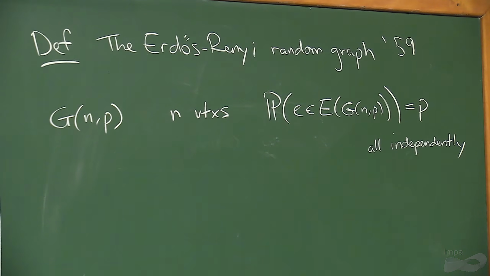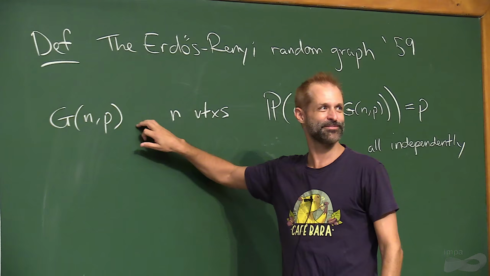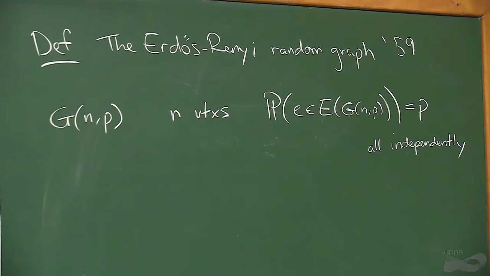Let us note that this is not a graph. We tend to talk about it like a graph, and I will also talk about it as if it were a graph, but we should always remember this is a probability distribution over all graphs. We're just assigning a probability to each graph.